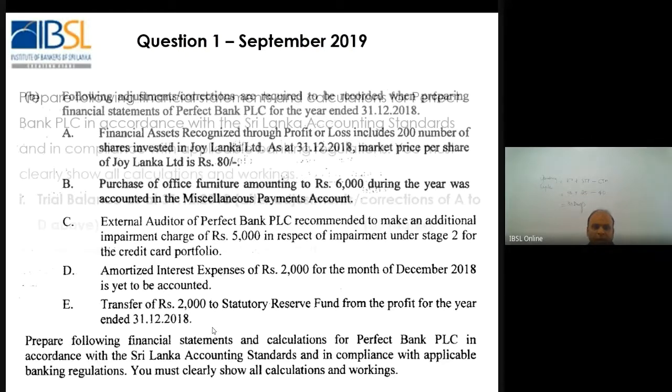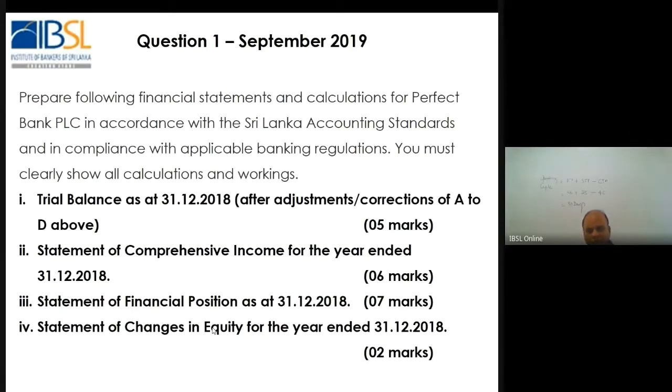So what do you do? First, you are required to prepare a trial balance. Then you are required to prepare a statement of comprehensive income. Then a statement of financial position, and last, the statement of changes in equity. The statement of comprehensive income is your P&L. The statement of financial position is your balance sheet.